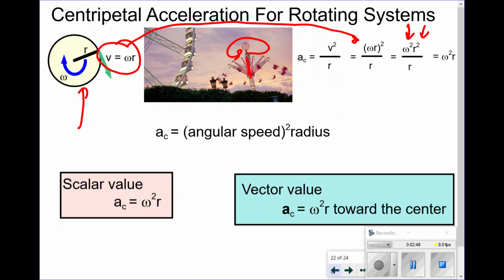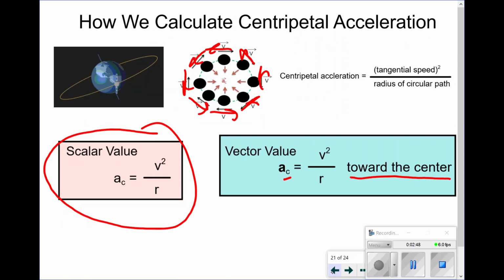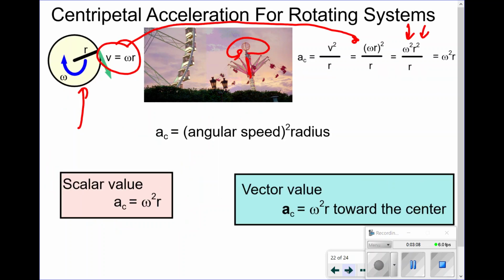This means I do not have freedom of choice when looking at, do I make acceleration positive or negative? Anything pointing towards the center of the circle must be positive because the accelerations will always be mathematically positive because it can never be solved as a negative mathematically speaking.